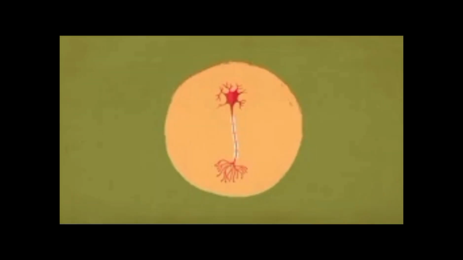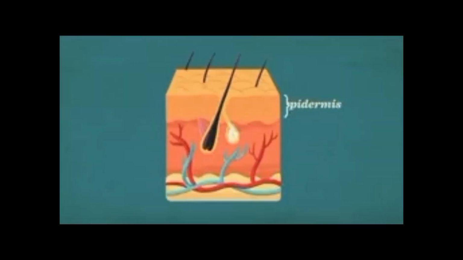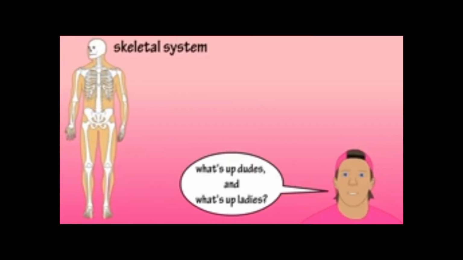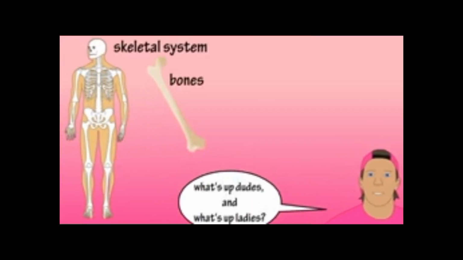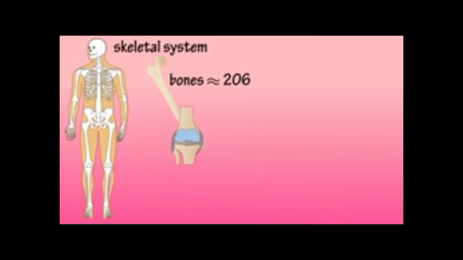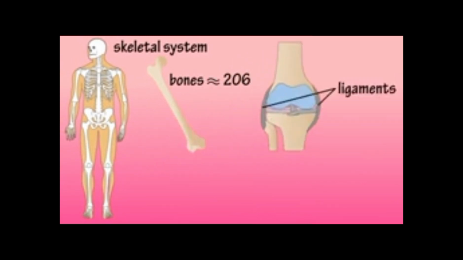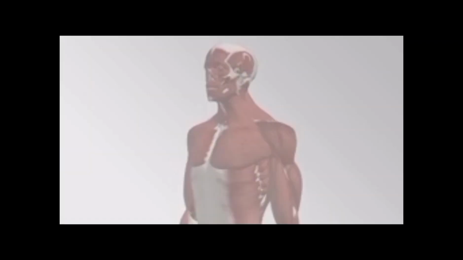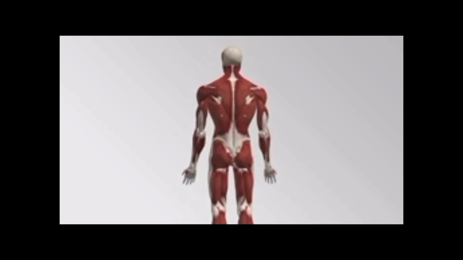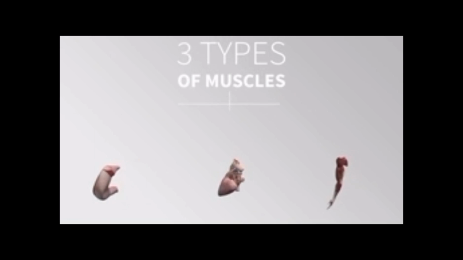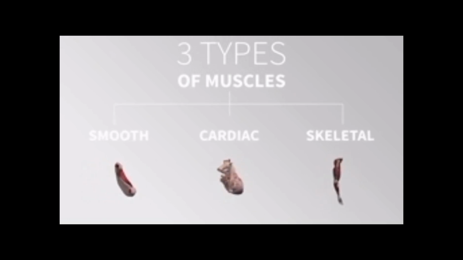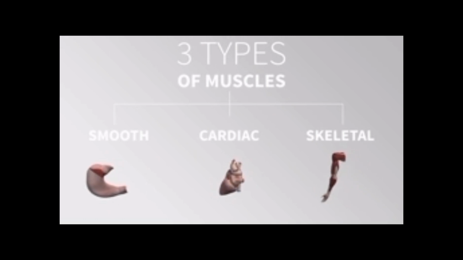The integumentary system consists of hair, nails, and skin. The skeletal system consists of bones, cartilage, and ligaments. The muscular system consists primarily of smooth, cardiac, and skeletal muscle.